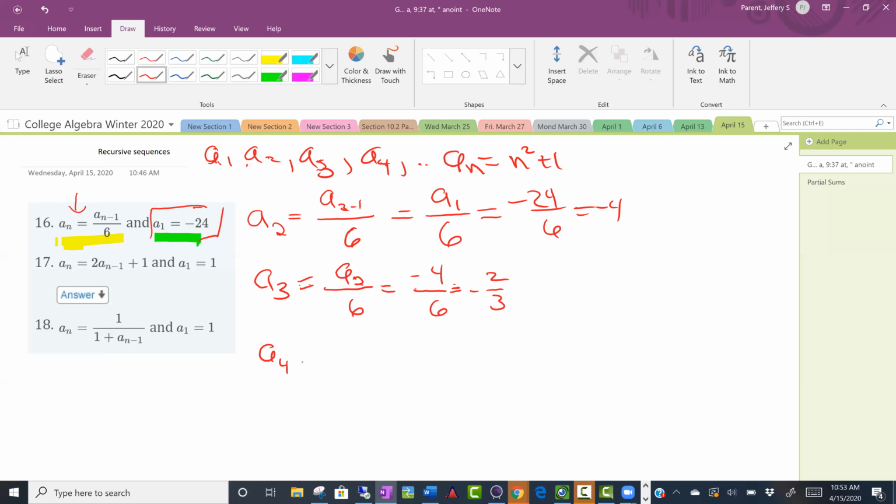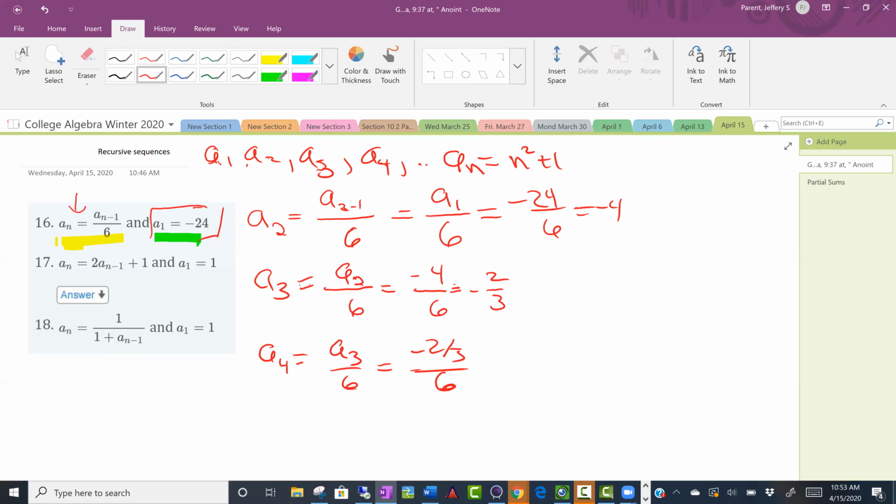You can keep going as high as you want. To get any term, you take the previous term and divide by 6, and that's what this is saying. So a sub 4 would be a sub 3 divided by 6, which is negative 2/3 divided by 6.